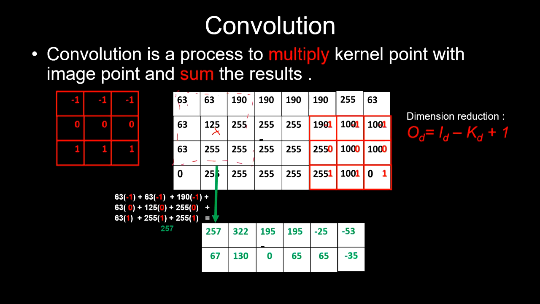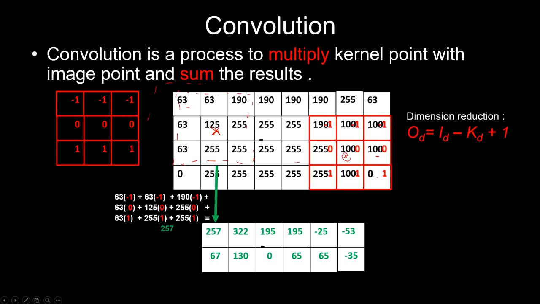You cannot perform the convolution here because you don't have anything here. So this is the location where the convolution is valid, and it ends up here instead of at the final part.